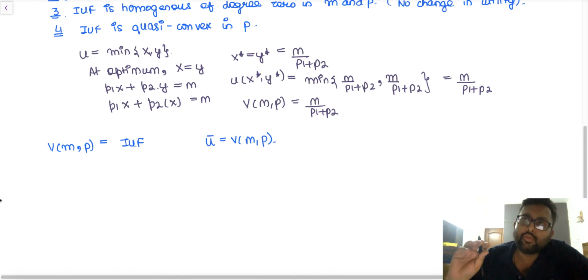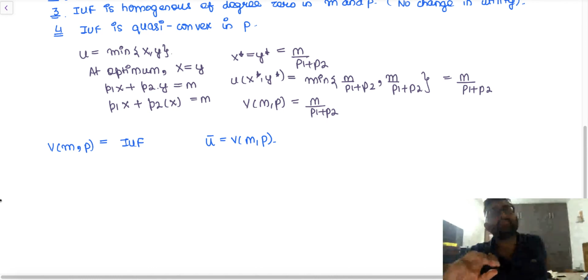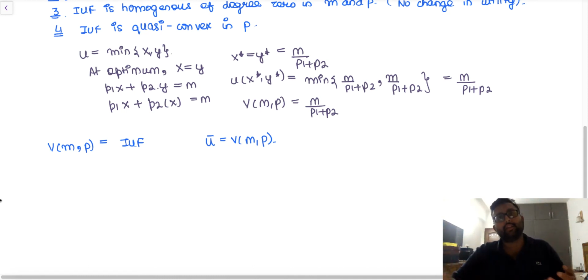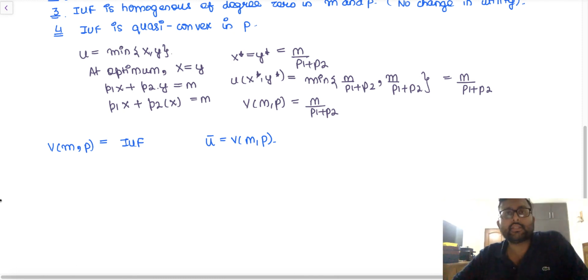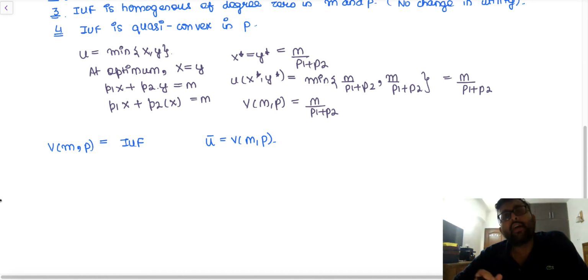When you substitute the values of income and prices into the function, you get a certain number. That number tells you the maximum utility you can have, given these income and prices.